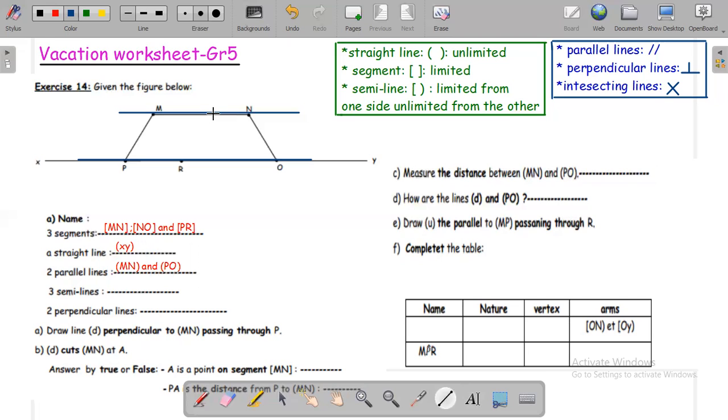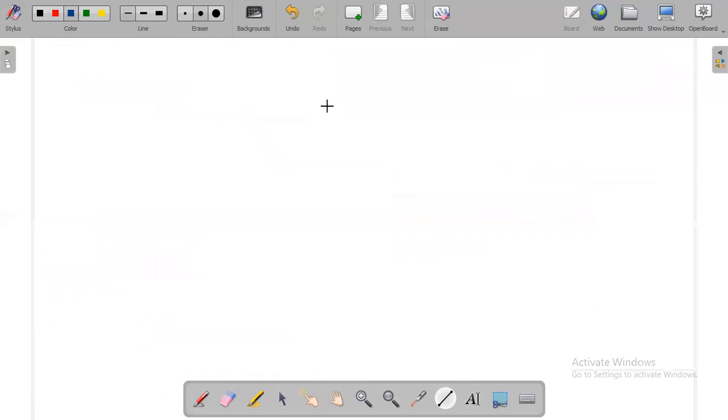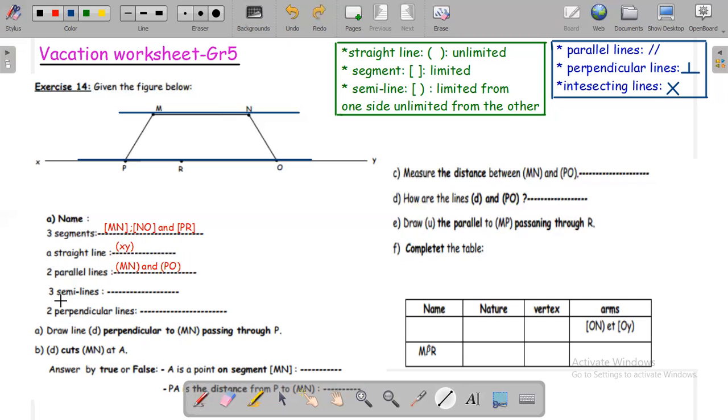Now we want to name three semi-lines. A semi-line is limited from one side and unlimited from the other. So now let's see where we have semi-lines. For example, [PX). When we have a bracket, we have to put a capital letter, and when we have parentheses, we can put small or capital.